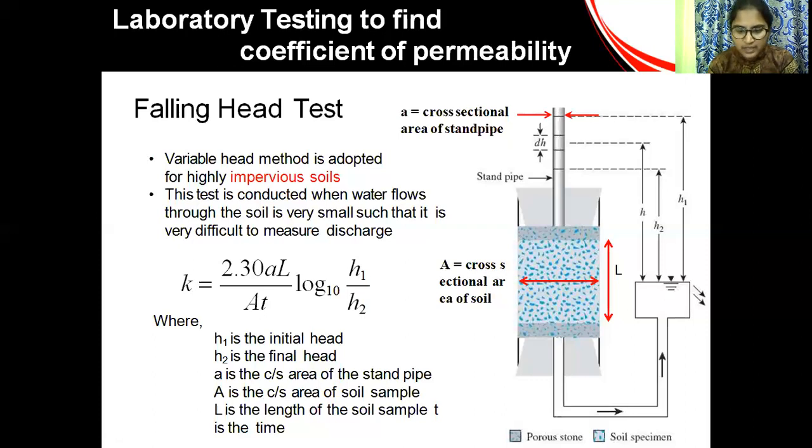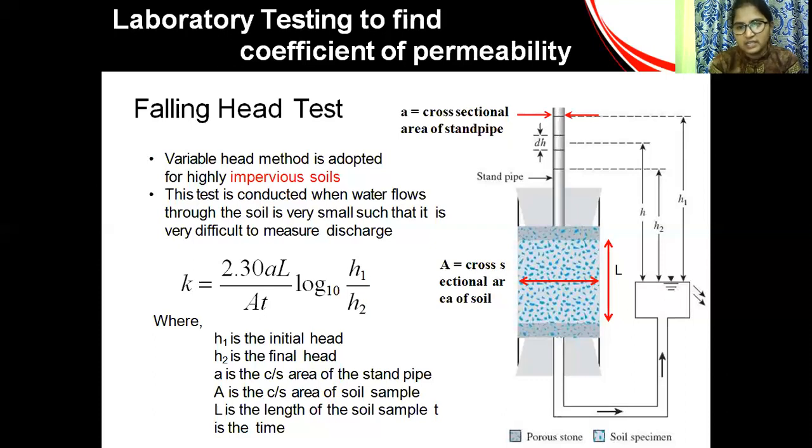Let h be the head at any intermediate time t and dh be the change in head in a small time interval dt. The negative sign is used since h decreases as t increases.